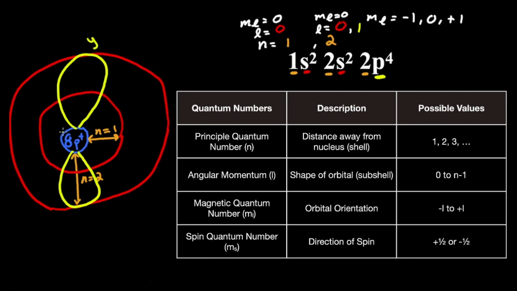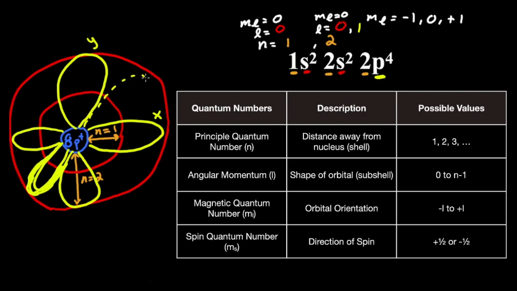And we need another one, so we can have an x orbital right here. So I'm going to do another p like this, and this can represent the x value. And then we need a third, so we can have one of these orbitals going towards us. So I'll make this kind of darker like this, and then it's going to have to go away from us too. And so this is going to be the z orbital. So this would have an x, a y, and then a z orientation.